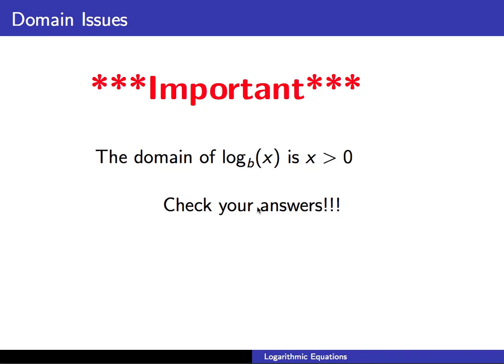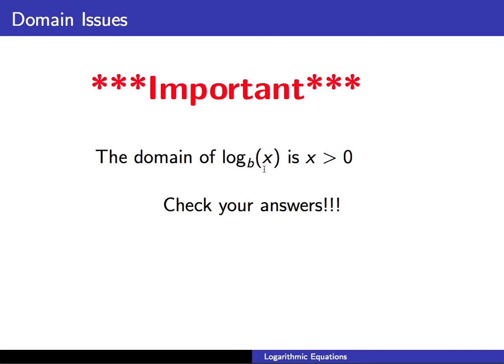However, please keep in mind that because logarithmic functions have domain restrictions, where we can only take the logarithm of a positive number, we're going to have to check the answers that we get, because when we put them back into the original problem, we can only take logarithms of results that are positive. So please keep that in mind.